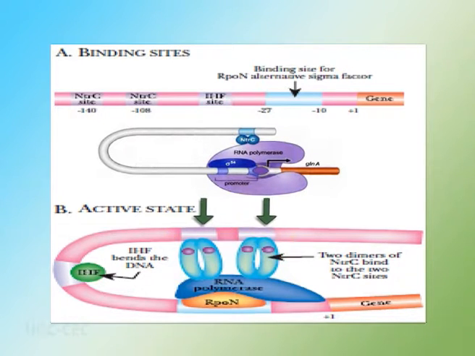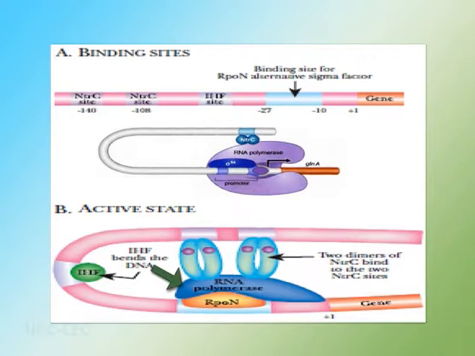Once it gets phosphorylated, it gains its ability to bind to the activator binding site, which is almost 150 base pairs away from the promoter region. Once it binds to its activator binding region, it alters the conformation of RNA polymerase, which was already bound onto the promoter region.